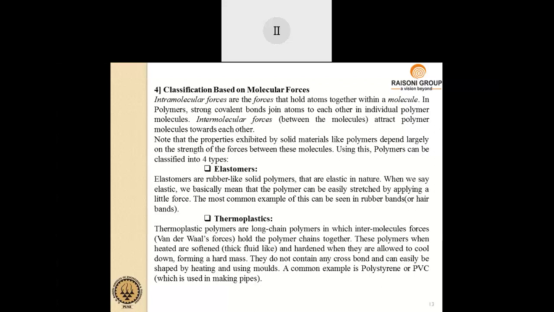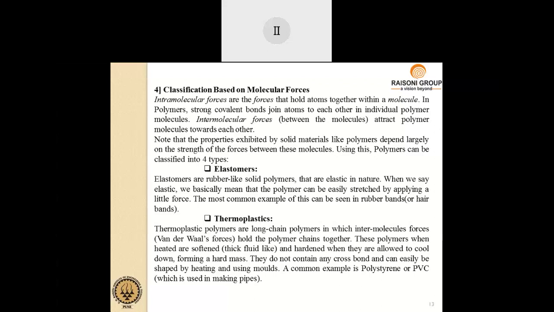In a molecule, the force which holds your atoms together is known as intermolecular forces. Intermolecular forces attract polymer molecules towards each other.